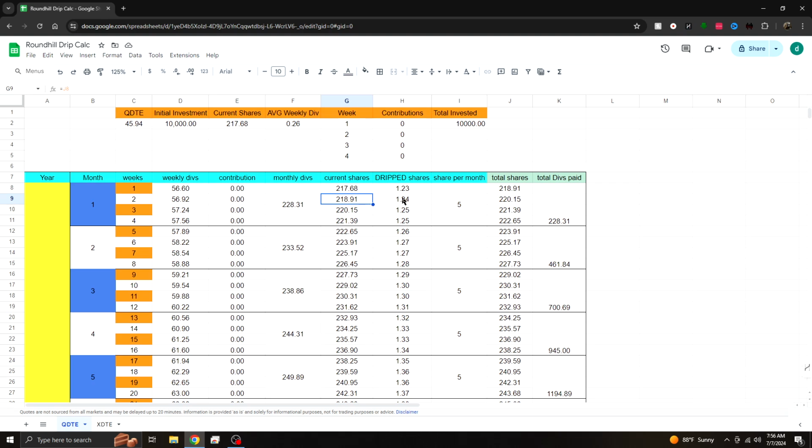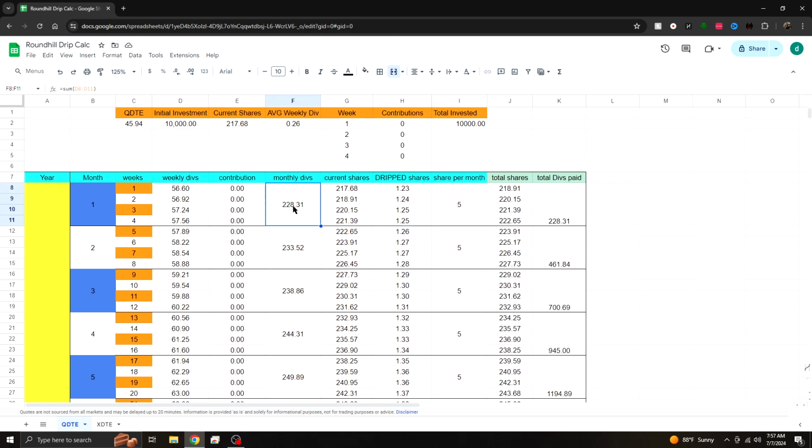And then if you dripped it for another 1.24 shares, you'd have 220 shares. And that's just kind of how it works. So these 220 would get you 57, and then it'll drip you another 1.25 shares, and then 221 will get you 57, and it'll drip you another 2.15 shares.